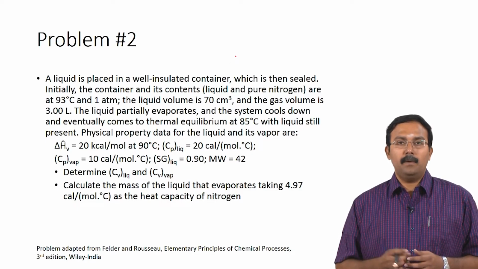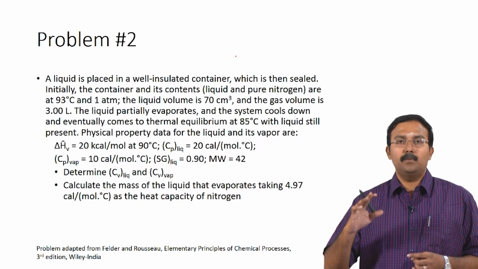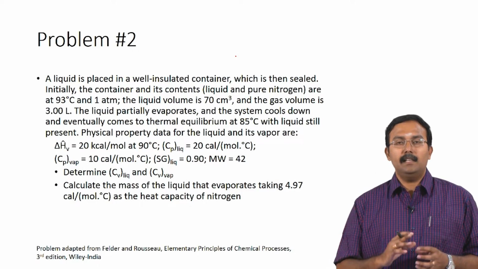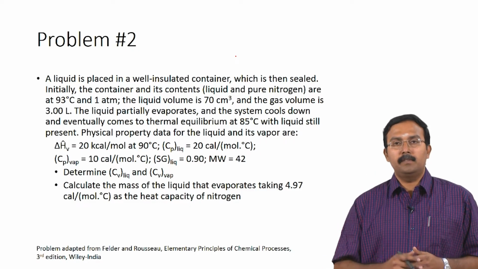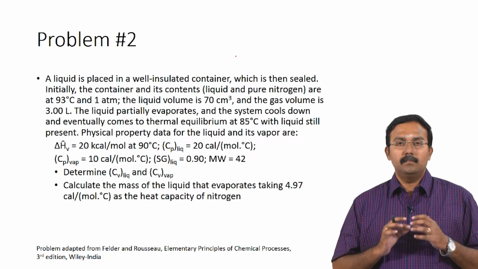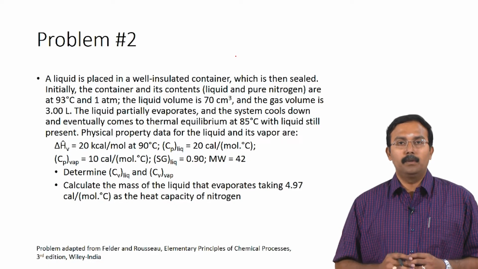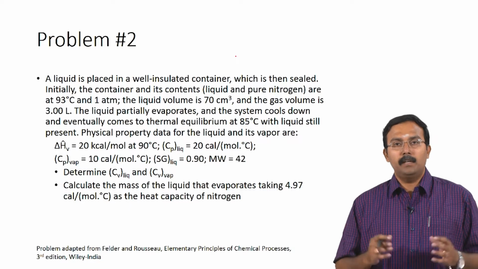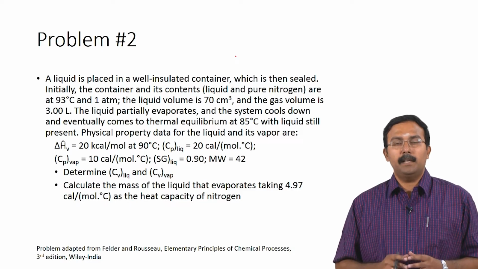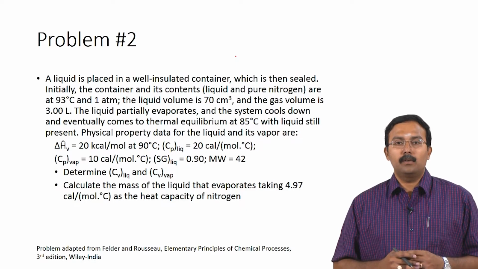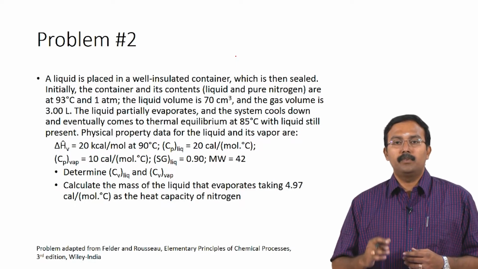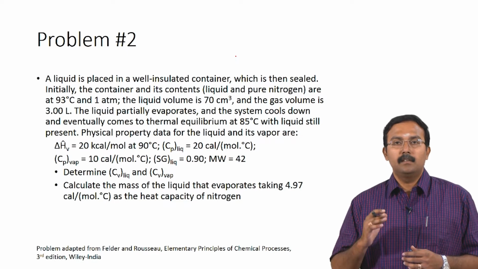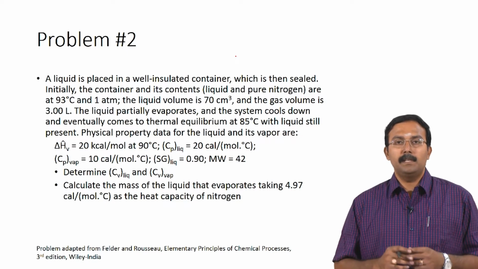After some of the liquid evaporates, you would have a gas phase with a mixture of nitrogen and the vapor component of liquid A, and the volume of the liquid would have come down. Now we need to perform the required energy balance and material balance calculations to identify what has been asked for, which is finally the mass of the liquid that evaporates from the liquid which has been charged.